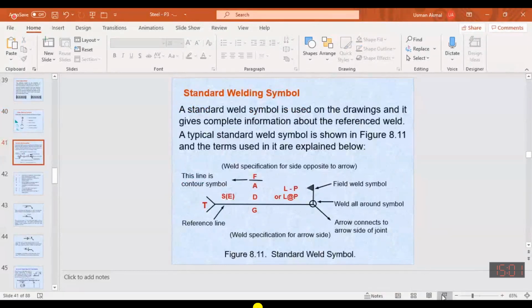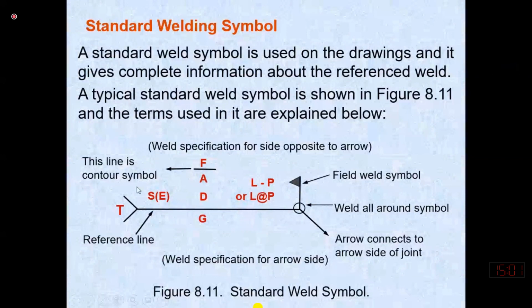And how do we show it? Actually, we show the weld by a line with an arrow. So a weld is pointed to with this arrow. The arrow shows that this weld has this particular specification. And then we have this other horizontal line where we show the designation of the weld.